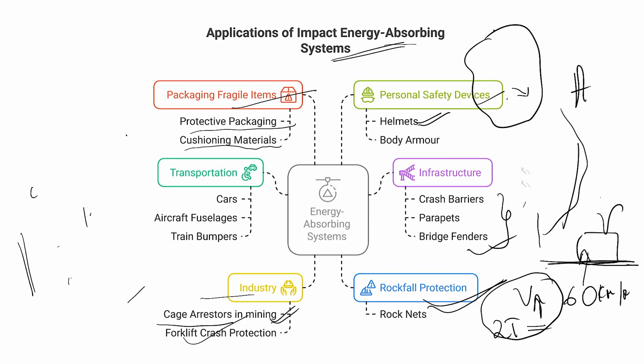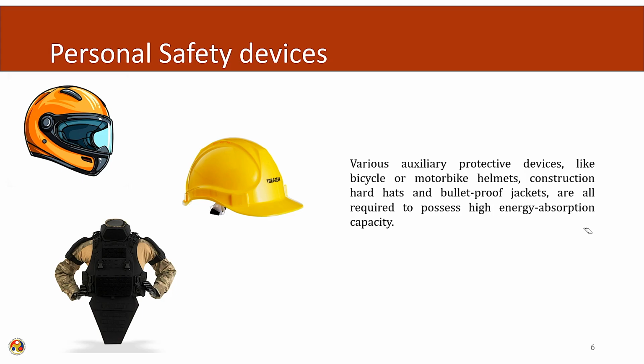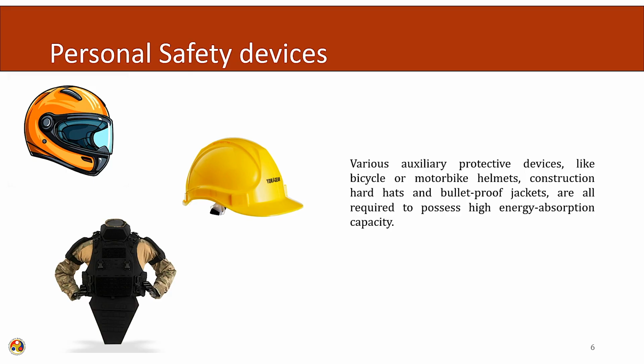So, moving ahead, now we will look into detail about the different devices, personal safety devices. Personal safety devices like helmets and body armors are used. Various auxiliary protective devices like bicycle or motorcycle helmets. These are the conventional things.